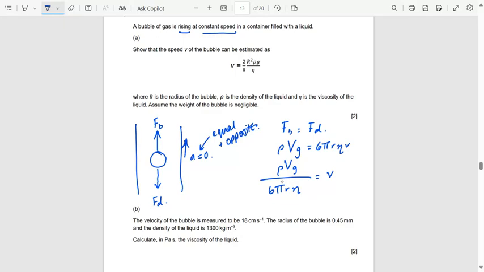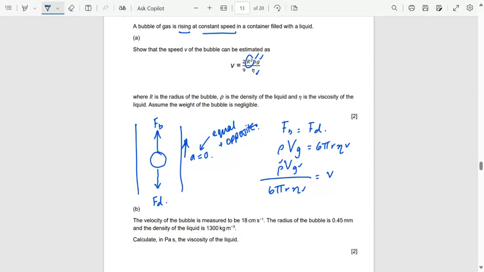Now this doesn't quite look like I was hoping for. So we need to see what we need to remove. So in our given expression, we have density, we have g, we have viscosity. We don't have volume and radius. So we need to remove those, and we can see that we need to represent the volume and radius in terms of radius only.